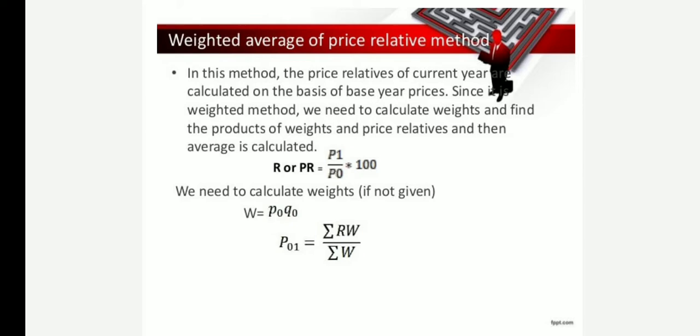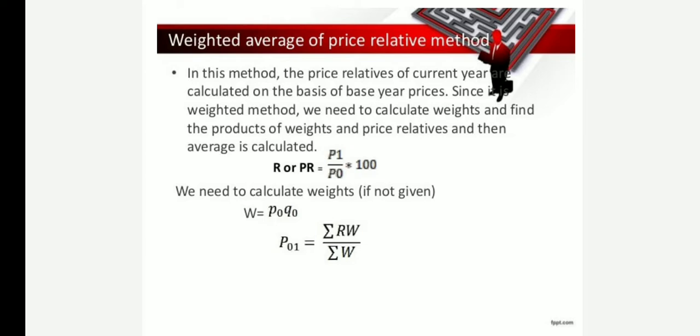In this method, price relatives of the current year are calculated on the basis of the base year. Since in the weighted method we need to calculate the weights and find the products of weights and price relatives, and then the average is calculated. Price relative R equals P1 divided by P0 multiplied by 100, where P1 is the price of the current period and P0 is the base period.